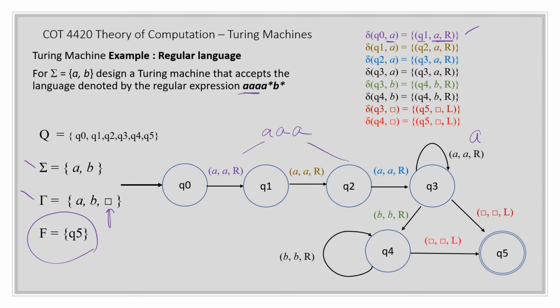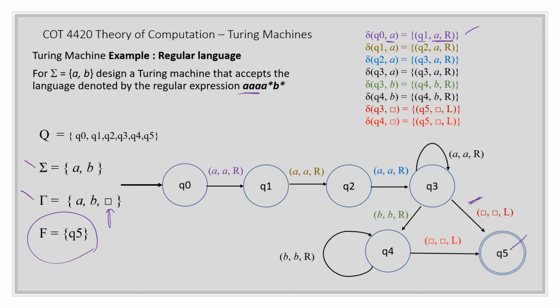Once you get your 3 A's, this right here is for A star, because A star means you can have any number of A's. So a string that could be accepted would be 1, 2, 3 A's, and then you could hit the blank and go to accepting, right? So you can have just 3 A's.